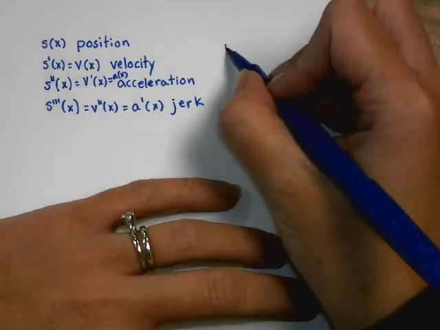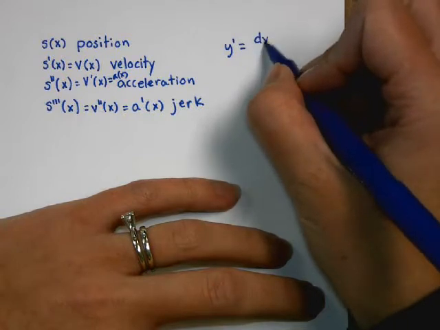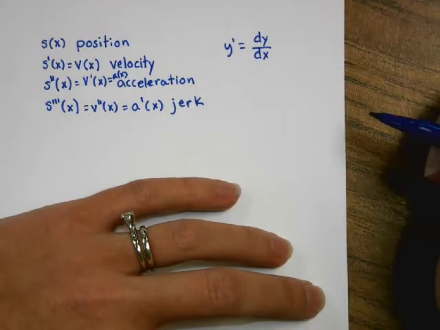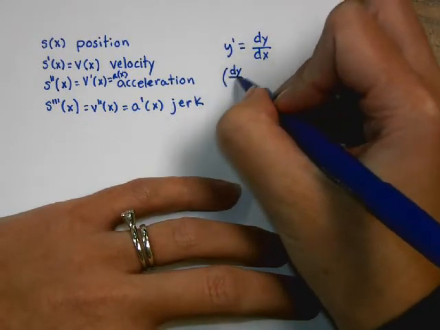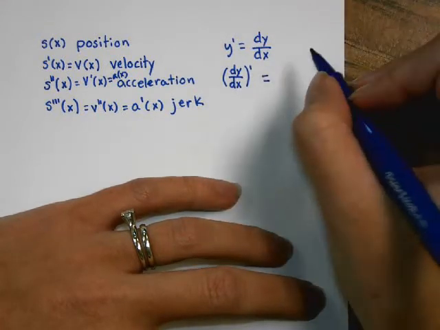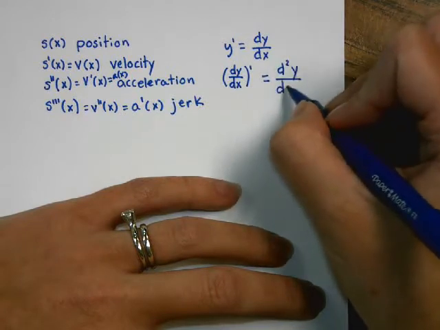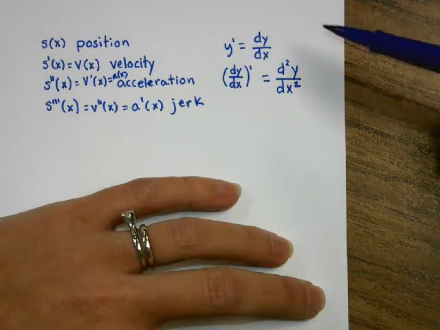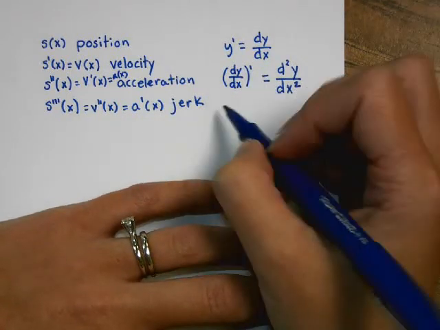An alternative notation for the derivative is dy dx, because again, it's the change in y over the change in x. So using this notation, the derivative of that is going to be d2y over dx2, because you're taking the second derivative of y with respect to x.